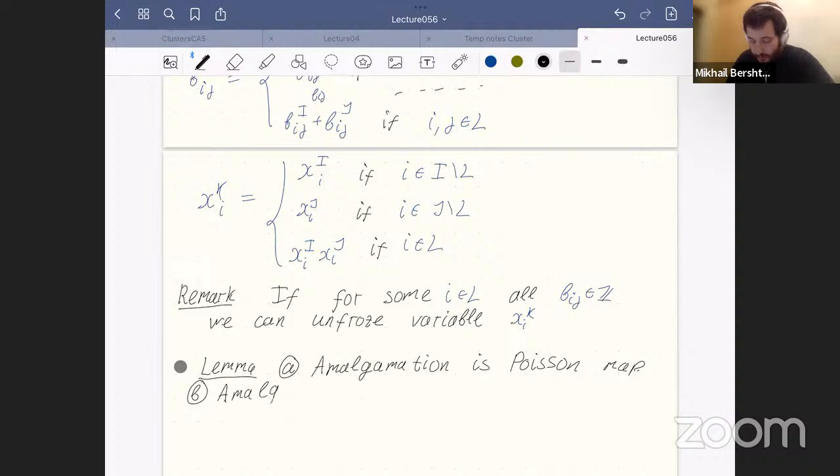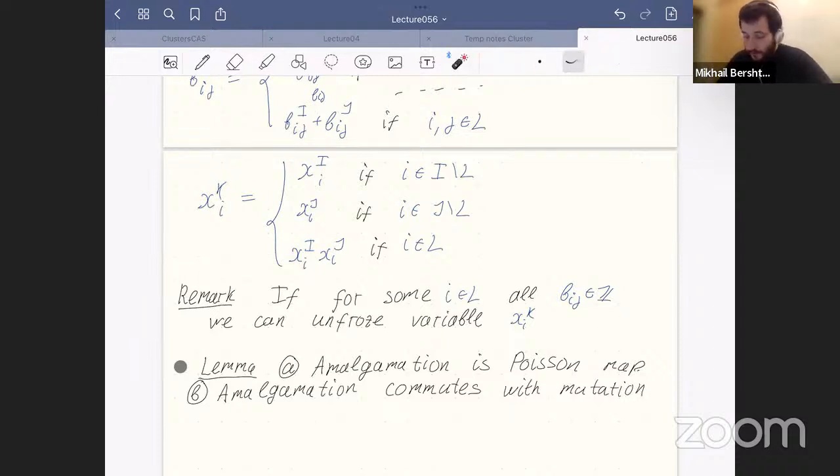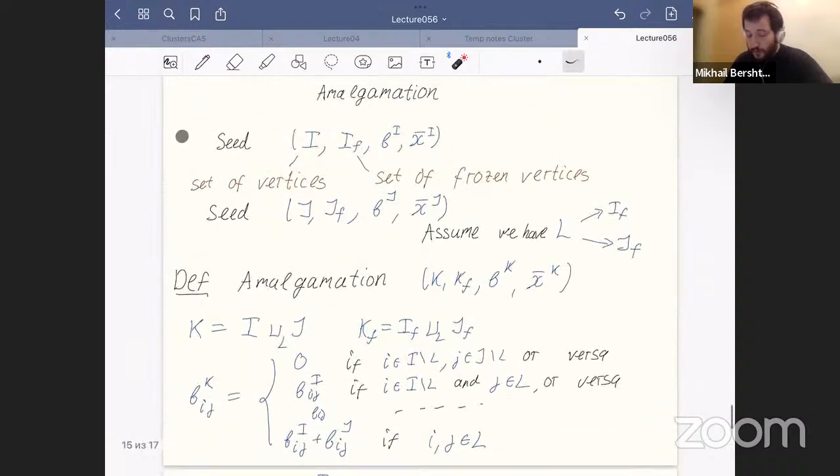amalgamation commutes with mutation. So of course, we can mutate only on unfrozen variables.